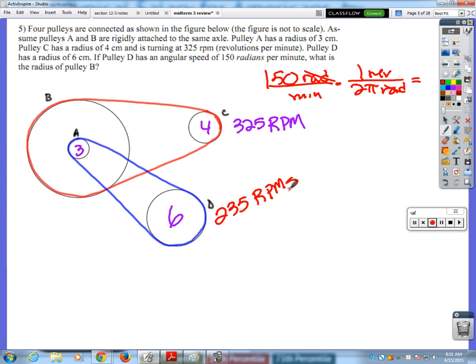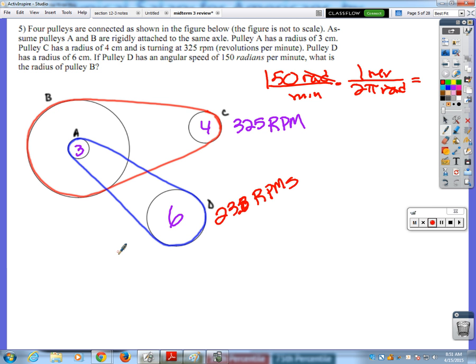If this one has a radius twice as big as this one, how are the RPMs of this one going to compare to that one? Yeah, that's 23.8. So it's 23.8, not 235? I guess that makes sense because it's less than 150. Yeah, that's 23.8 RPM. If this one is twice as big as this, and they're connected by a pulley, how are the RPMs going to compare? This one's going to be twice as much.